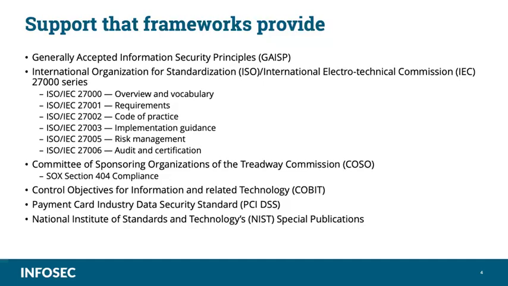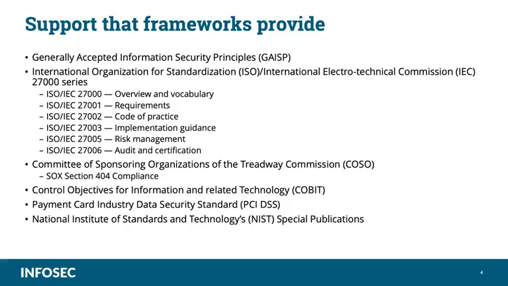ISO 27000 is a series of information management systems and standards. For example, ISO 27000 is the overview and vocabulary, 27001 is the requirements, 27002 is the code of practice, 27003 implementation guidance, 27005 is risk management, 27006 audit and certification, and there's a lot more of these documents in the series.